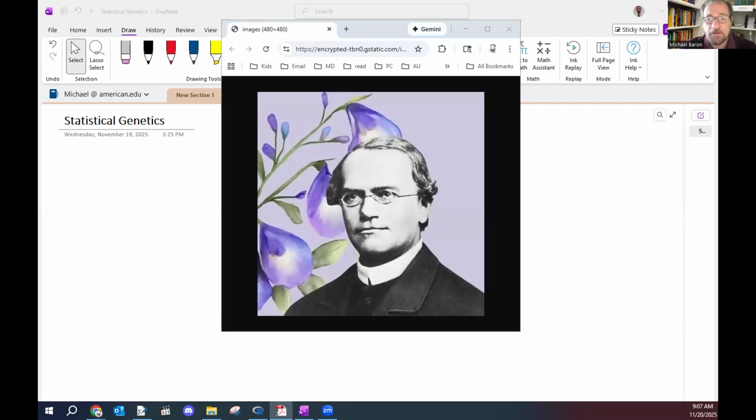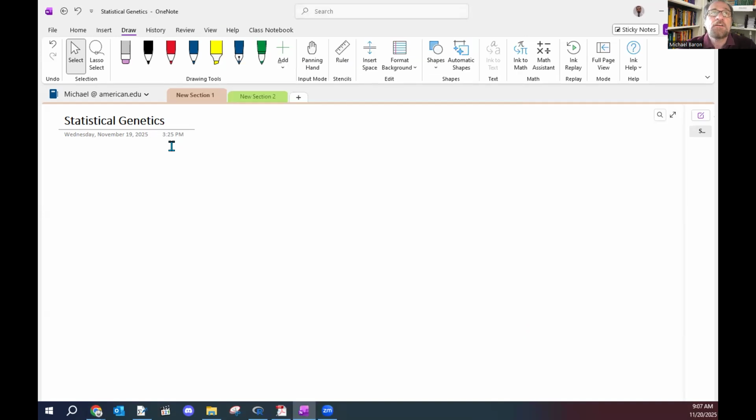What Mendel understood is that the heritable features, called traits, are carried by genes. What are genes? Genes are sequences of nucleotides that form the DNA.